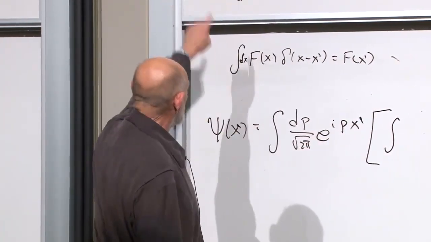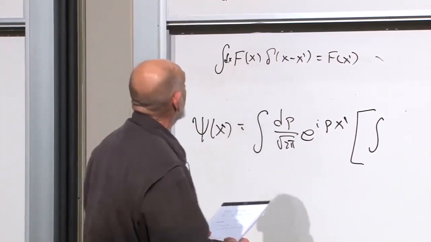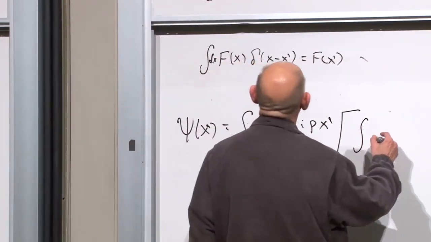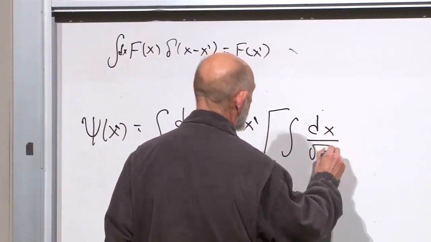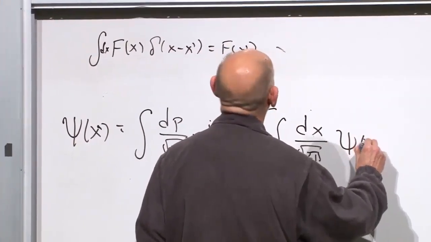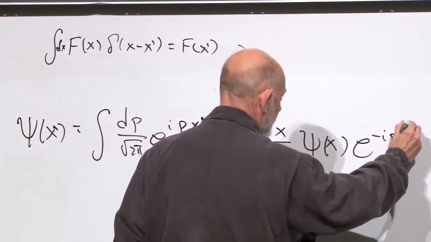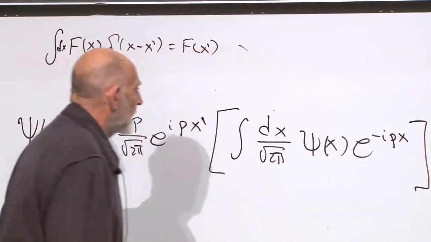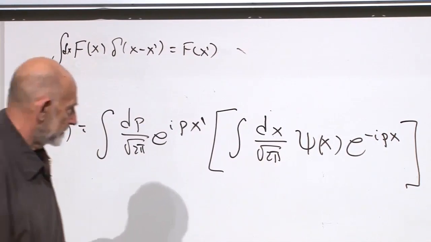I don't want to confuse x and x prime. Now the second equation for psi twiddle of p I can leave as it is, and just write that it's the integral dx over square root of 2 pi, psi of x, e to the minus i p x. So I've just plugged in psi twiddle of p.